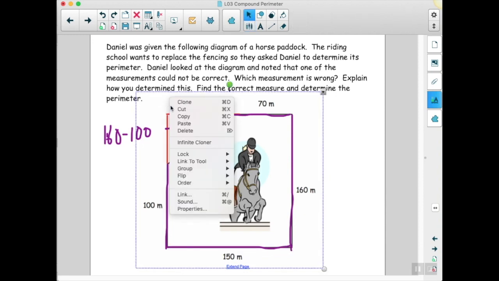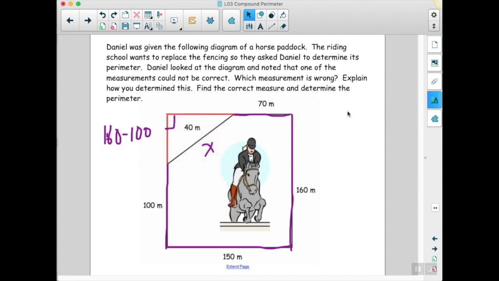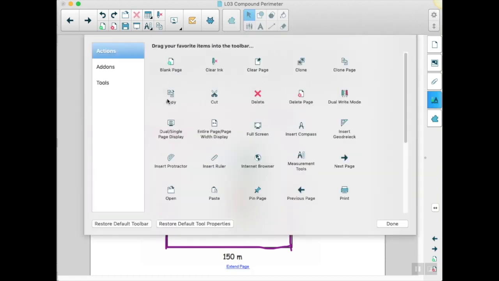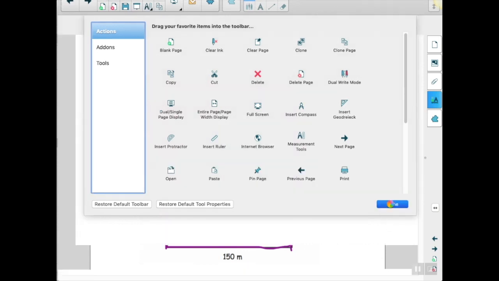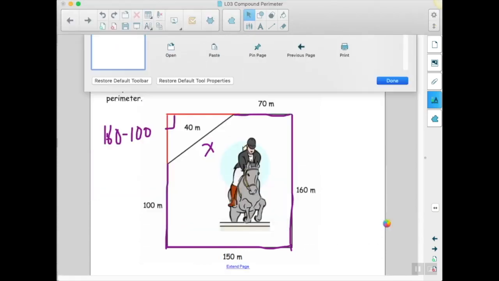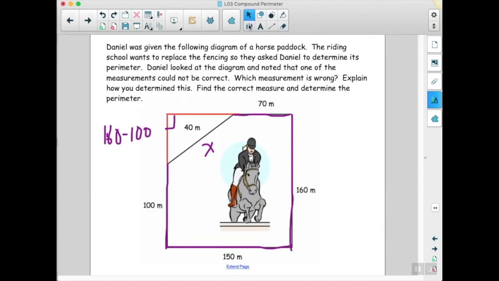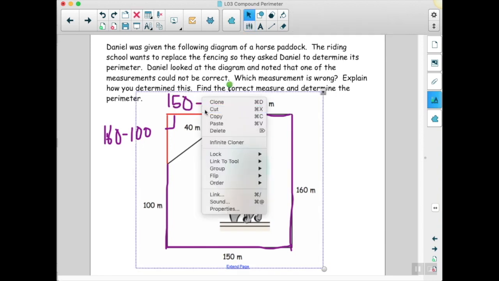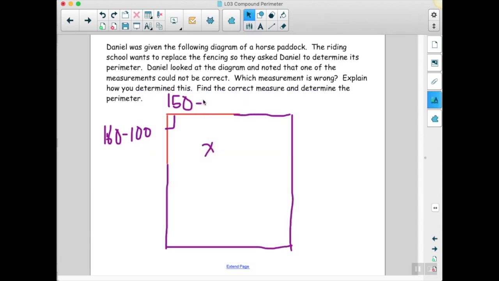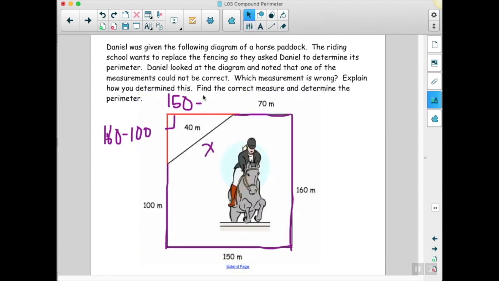So this is 1... Just ignore that. This should be 150 minus 70.